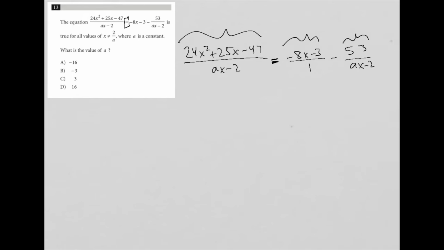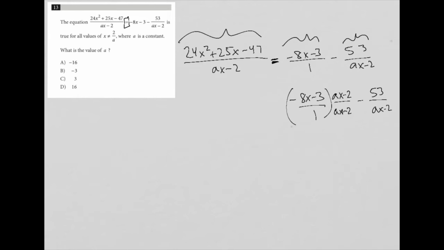So how would I do that? Well, I need to have a common denominator. So that means that my negative 8x minus 3 over 1 needs to be multiplied by ax minus 2 over ax minus 2. And then I'd have my minus 53 over ax minus 2, right?